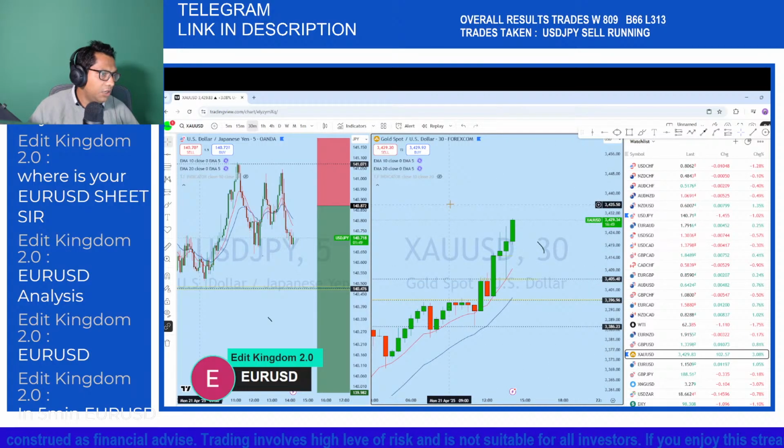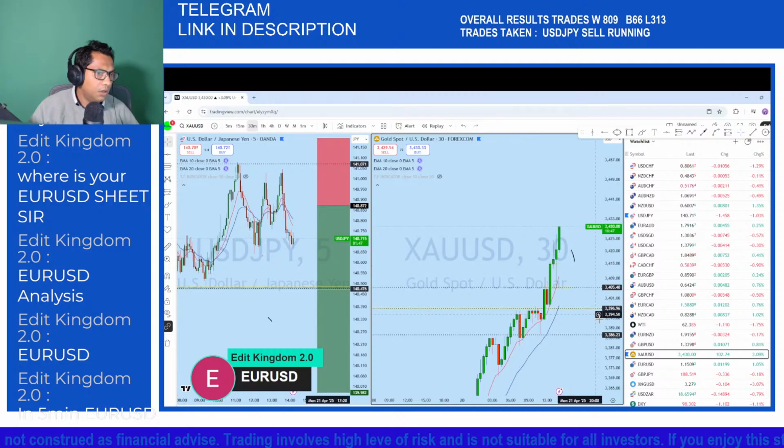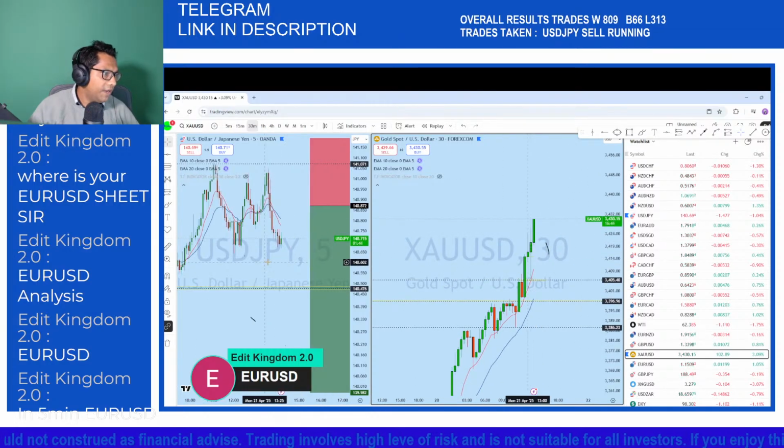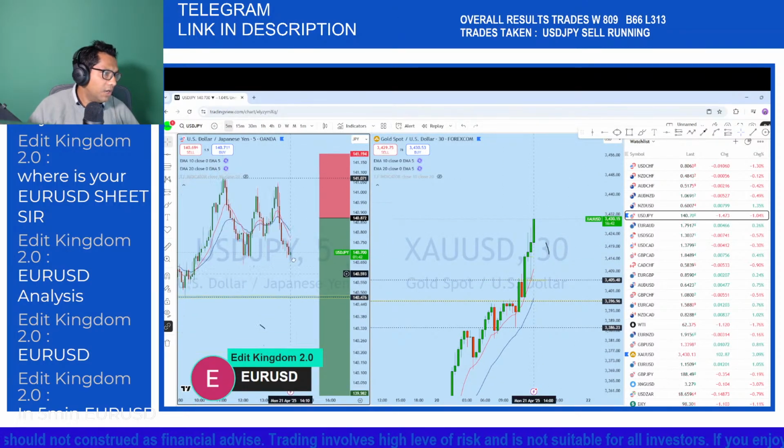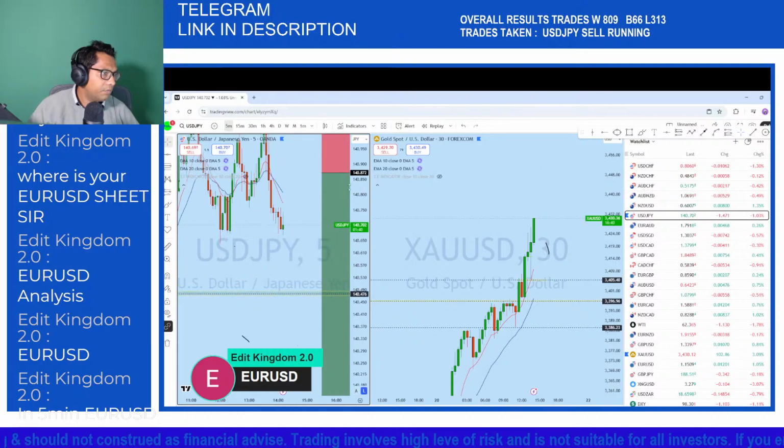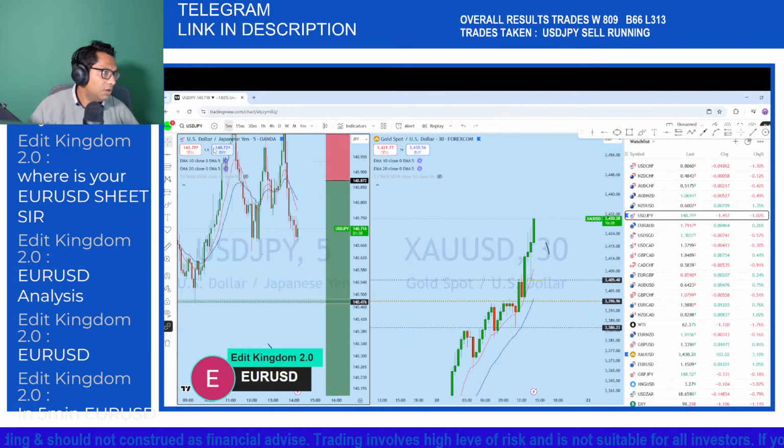So dollar yen trying to move up for a pullback here, which I think is also the liquidity grab.